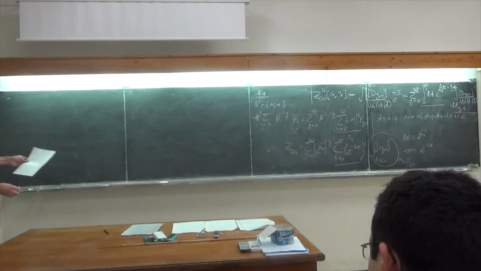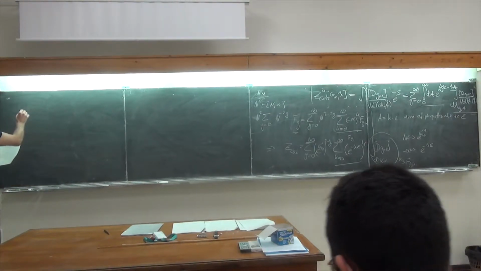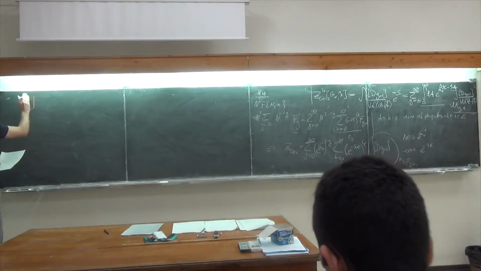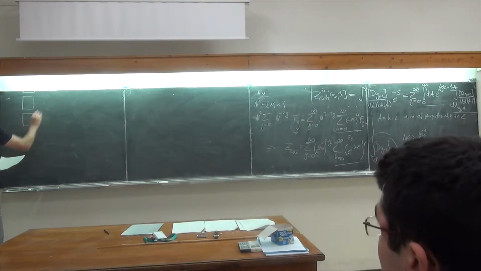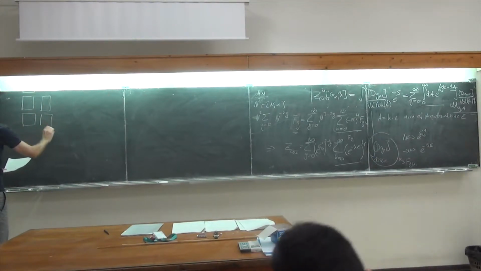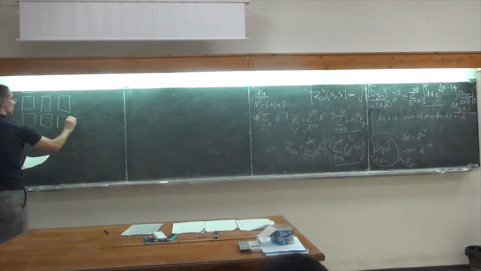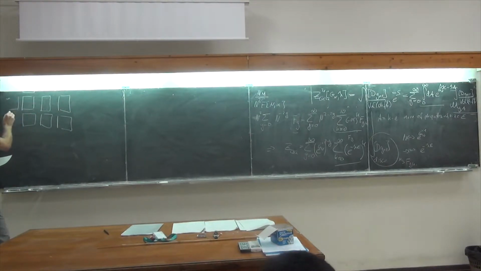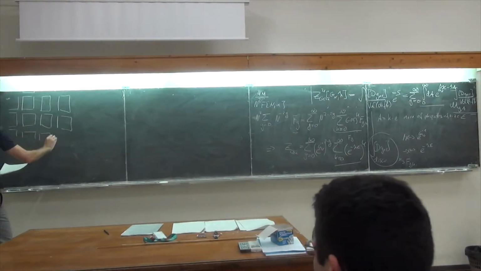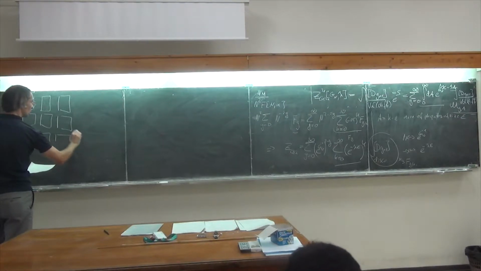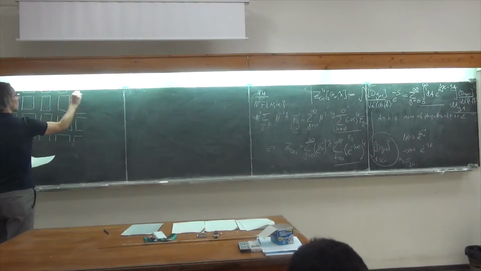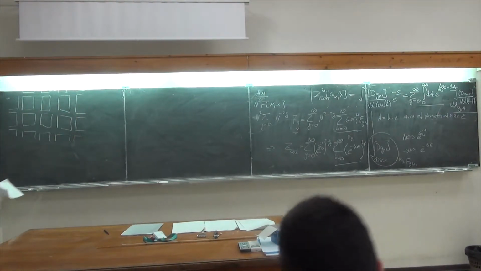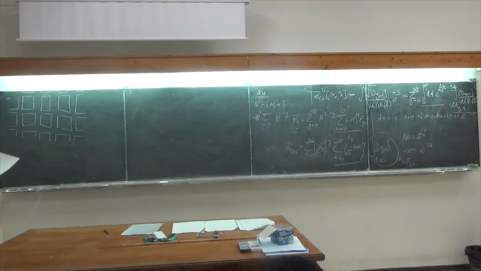Okay, so let me draw a Feynman diagram. I hope you don't mind that I leave out the arrows for the moment. So this is what we would generate with the Feynman rules that I have just erased.